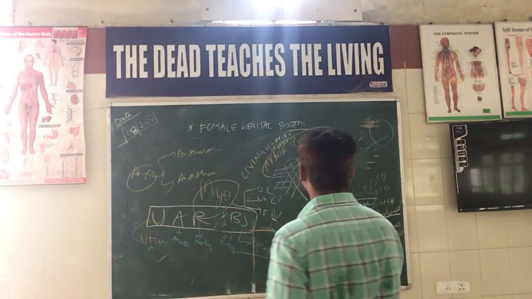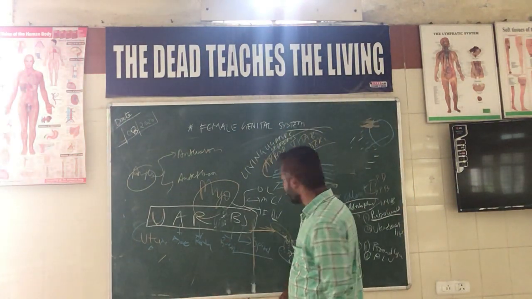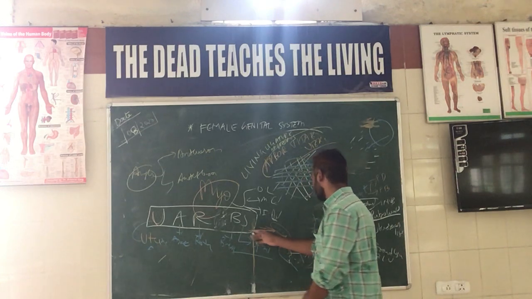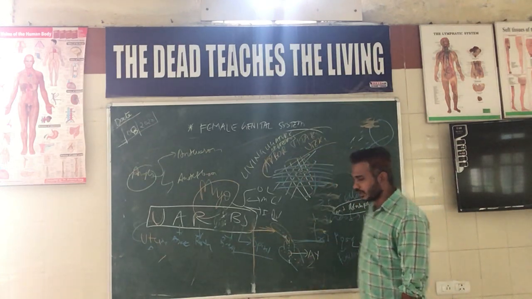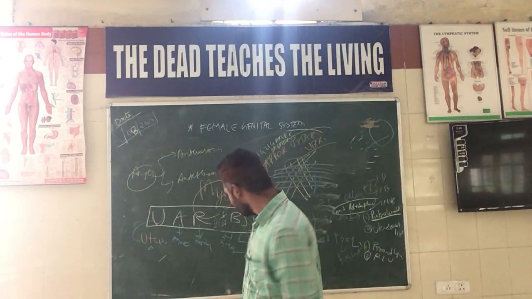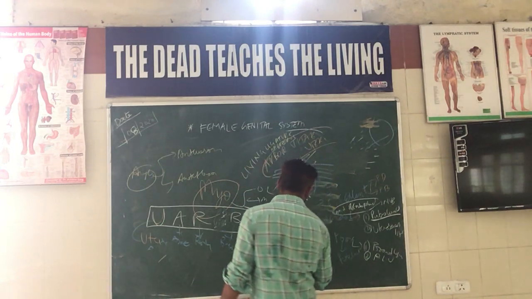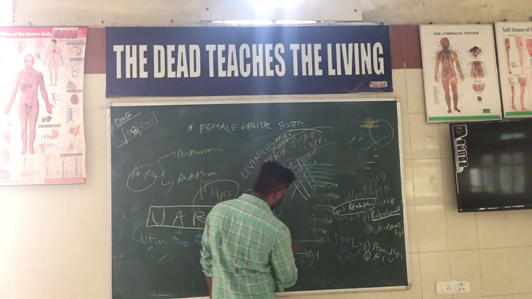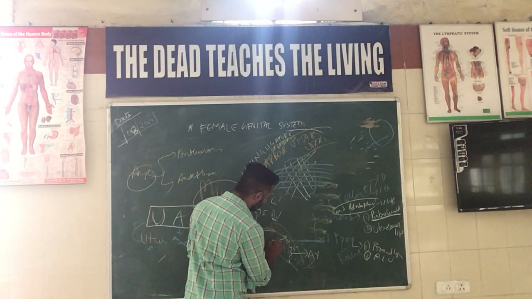That is prevented by anteversion and anteflexion, which are maintained respectively by the round ligament of the uterus and the uterosacral ligaments.